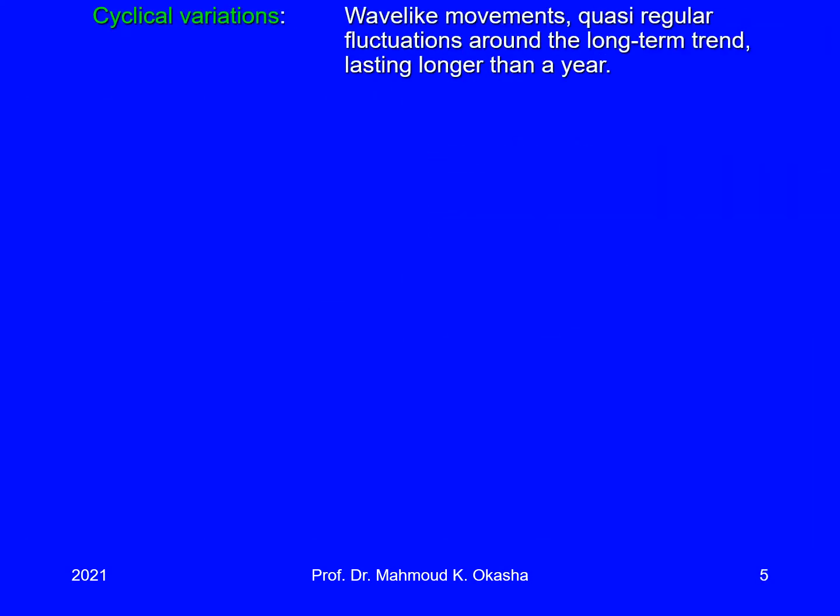So the third component is the cyclical variations. That's a cyclical component also. Wave-like movements, but medium range, not over all the series and not small range. It repeats itself, for example, three or four times over all the time series.